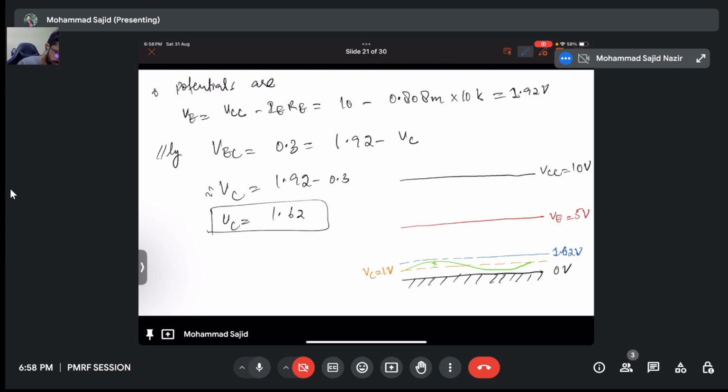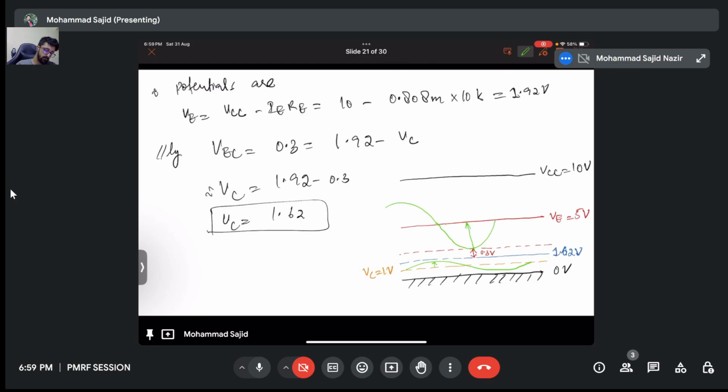Now, if this is 1.62, I need a cushion of 0.3 volt here, and with this it will have a swing like this, right?